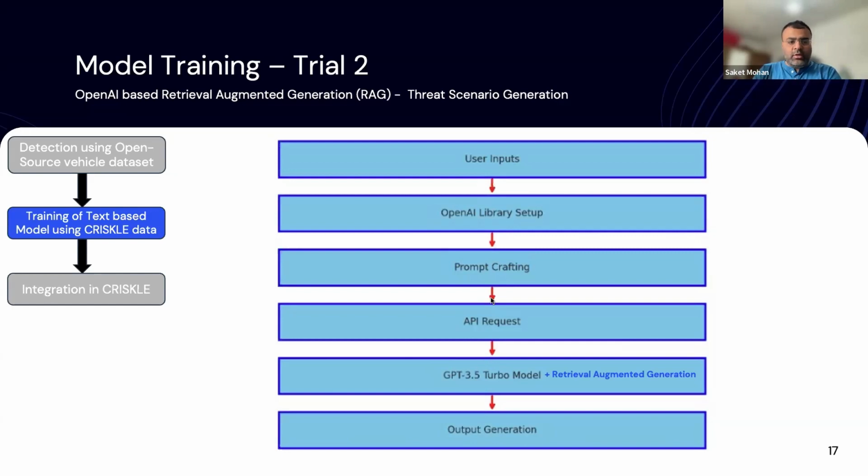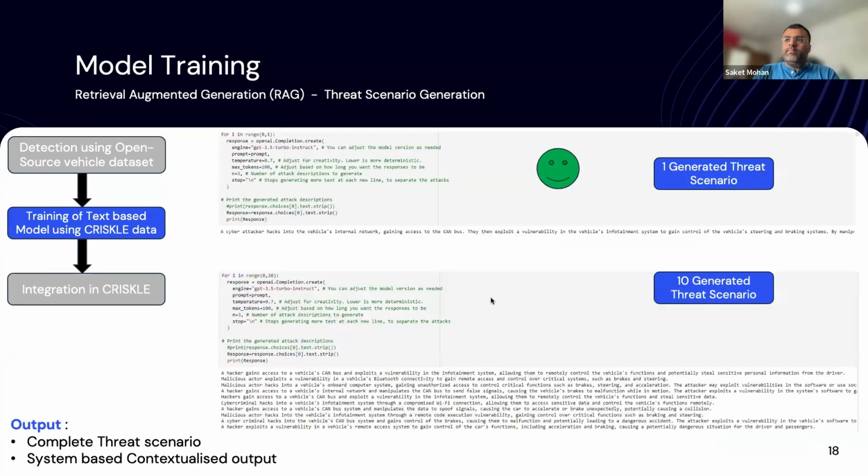Now, using this method of RAG, when we reran the whole scenario, firstly, we were able to generate meaningful scenarios. We first generated one threat scenario, and this time the results were complete in nature. The concept of hallucination in AI models was not there, and that ambiguity was not there.